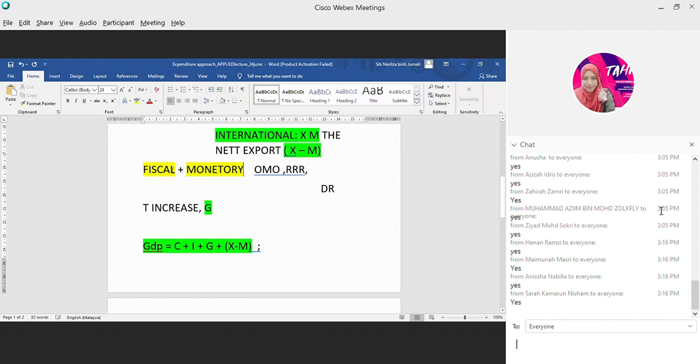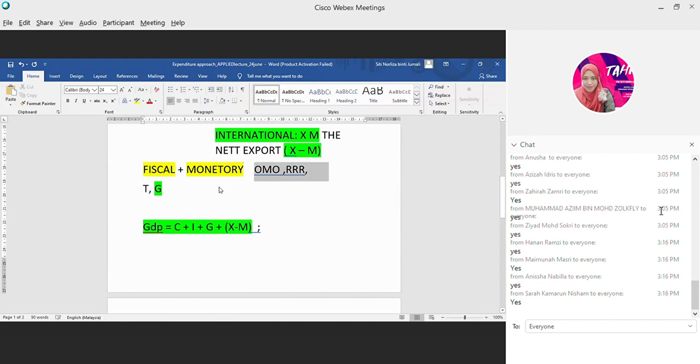The tools for fiscal policy are C and G, whereas for monetary policy we have open market operation, reserve requirement ratio, and discount rate. These are all tools under monetary policy, whereas the others are tools for fiscal policy. So this is all interrelated.